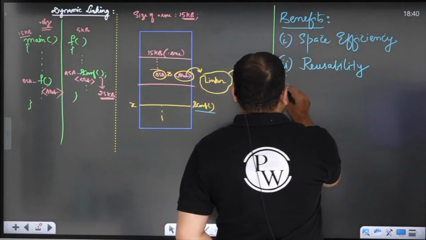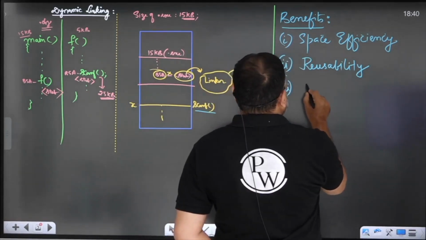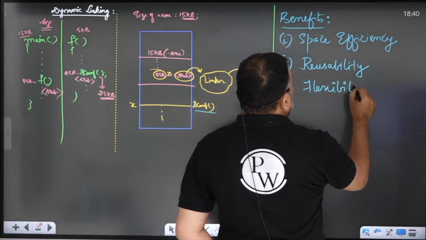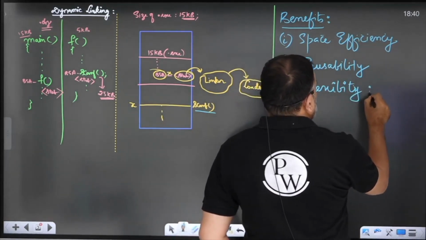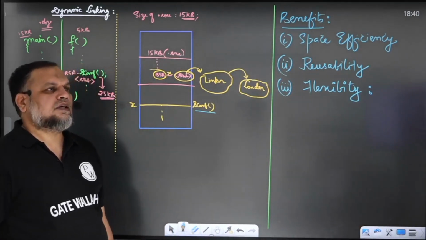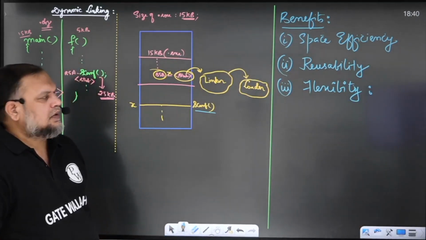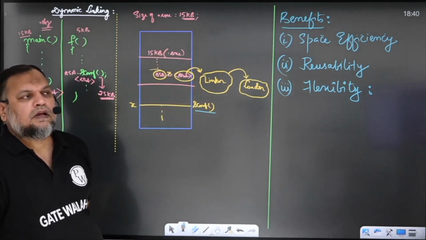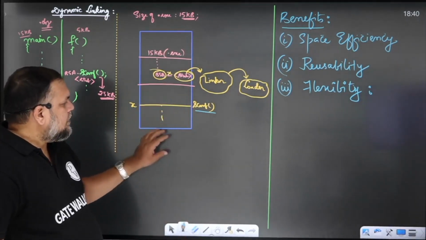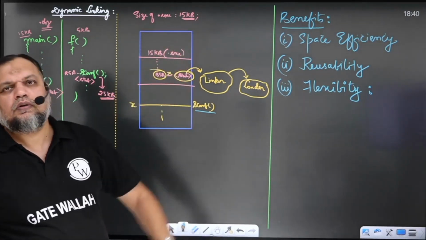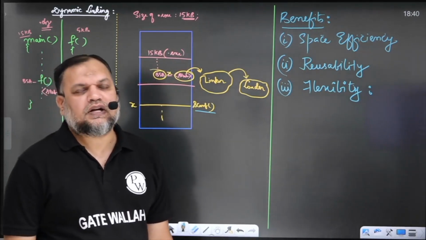Third benefit is basically flexibility. Flexibility of what? Flexibility of updations. If I want to change or upgrade the library implementation, that's very easily possible in dynamic linking but not in static linking. Because in dynamic linking I have to update only the library without touching the applications, but in static linking I have to modify the applications as such.